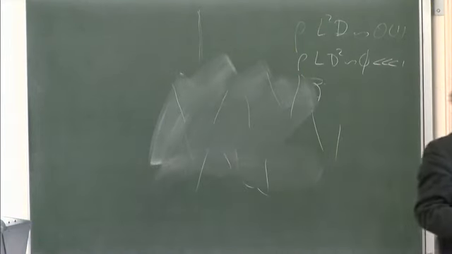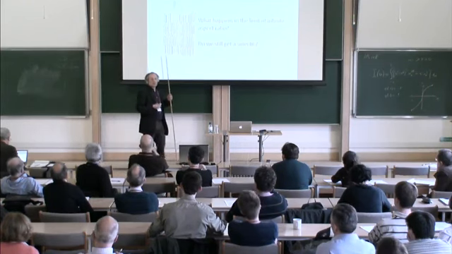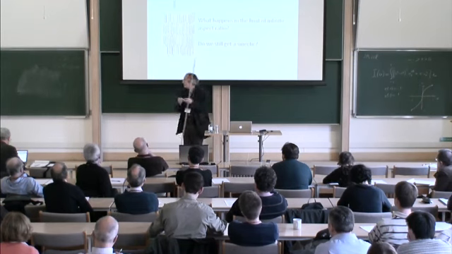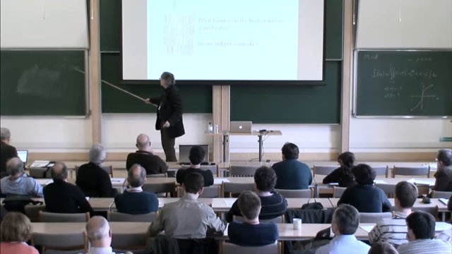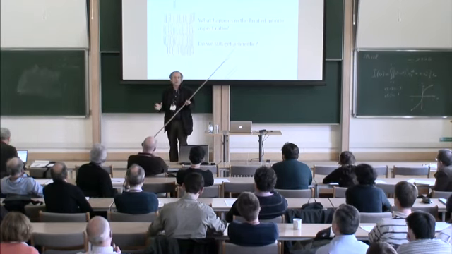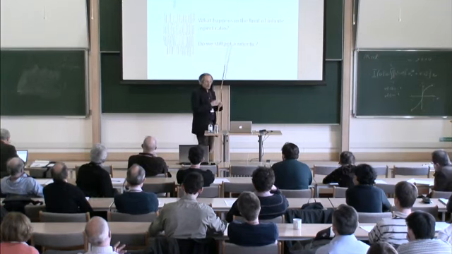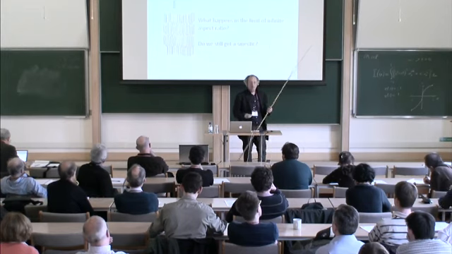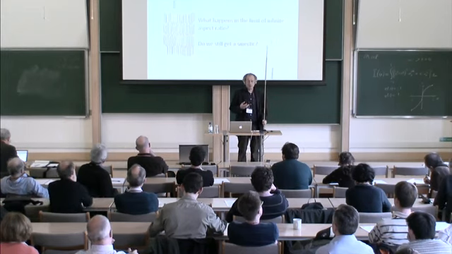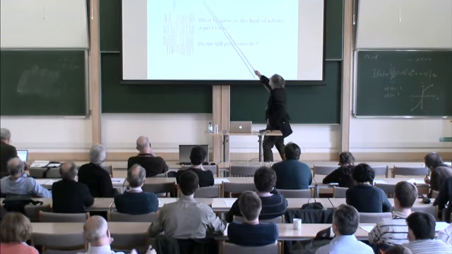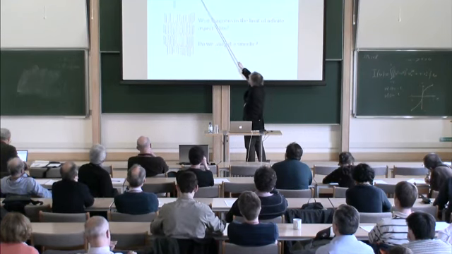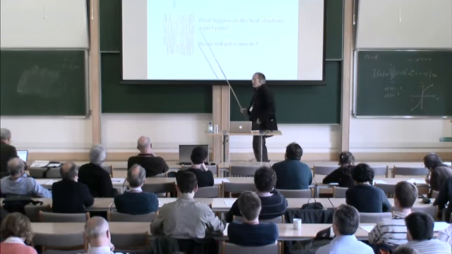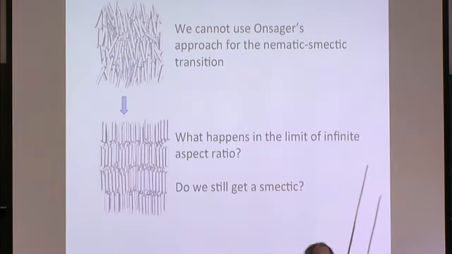Now if you go to the more highly ordered phases like the smectic and the columnar, you're always in a regime where the volume fraction itself becomes large. And so you can't use the Onsager approach anymore. At the same time you would very much like to know, for these things where in simulations you see that you go from nematic to smectic at some density, what's the behavior in the limit of infinitely long rods.